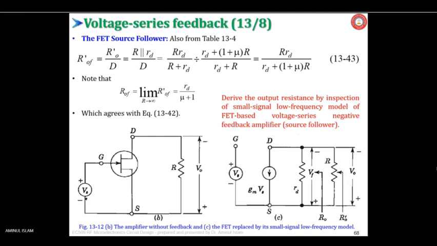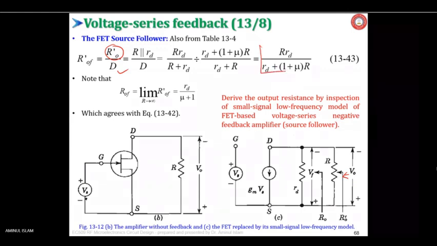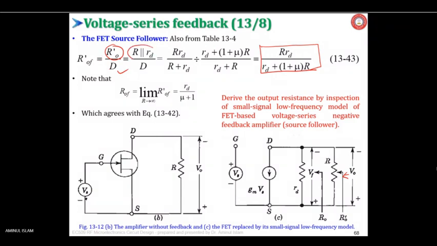So now R_OF prime, looking at this side, you are now including the load resistance R_L. Here it is noted as R. So that will be R_O prime divided by D. Putting all this value of D, and since R_O prime is the parallel combination of this R and this R_D, we get this expression.